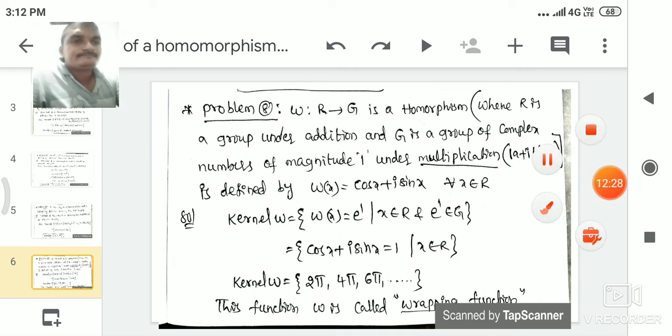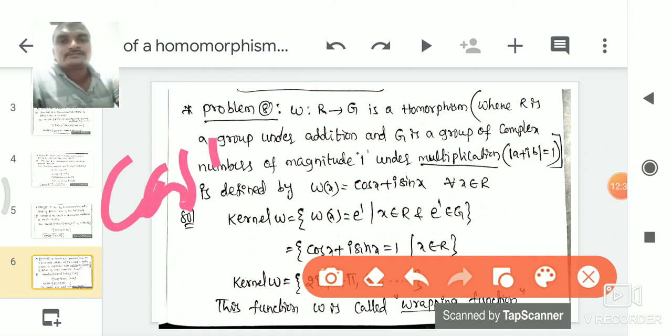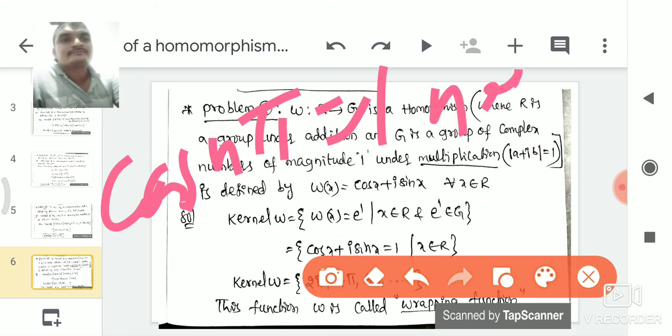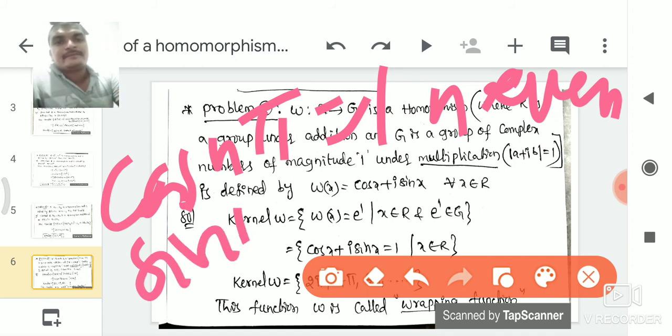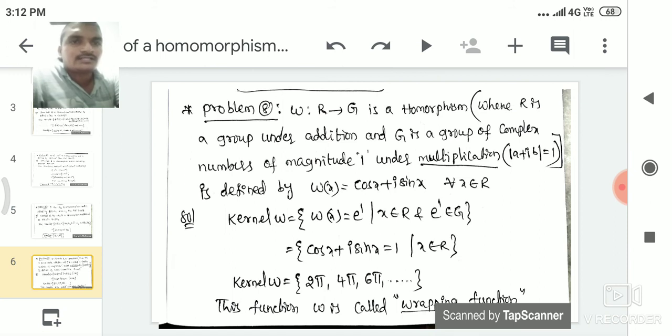Here cos n pi is equal to 1 if n is even, and sin n pi is equal to 0 for all n values. Here we need all the solutions of cos x plus i sin x is equal to 1.